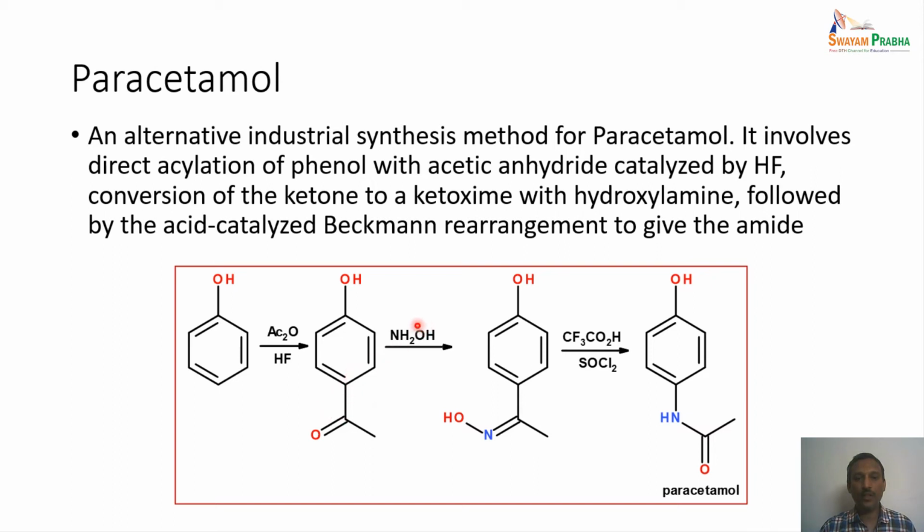This is treated with hydroxylamine to form the corresponding oxime derivative, and this oxime derivative in the presence of trifluoroacetic acid leads to paracetamol after Beckmann rearrangement. So this is the acid catalyzed Beckmann rearrangement for the preparation of paracetamol starting from phenol.